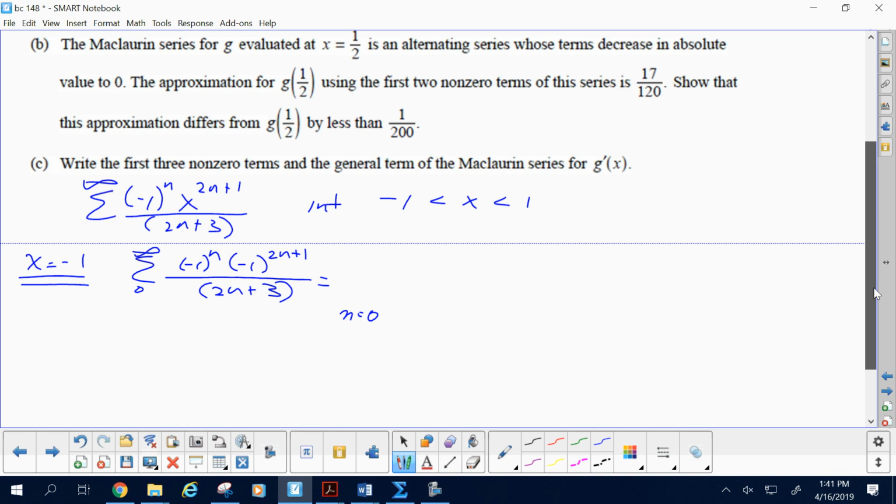But 2n plus 1 is always going to be odd, and because it's negative 1 to an always odd power, this part will always be negative, and overall then it will be alternating, okay? So, if you could see that without making terms, great, but you could say that this is something like an alternating series.